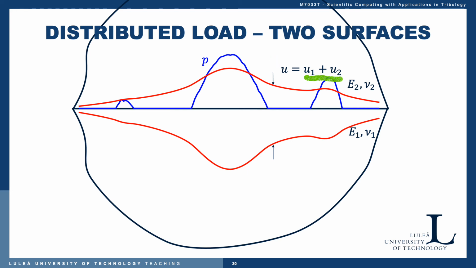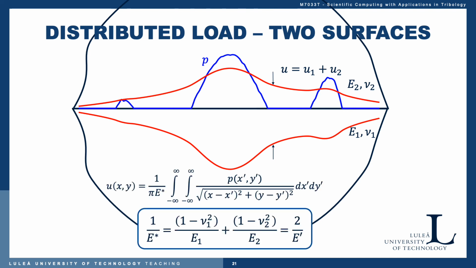Nothing strange with that. And because of linearity of the deformation relation to the pressure, we can write the total deformation in a very similar way as we did before for the deformation for each of the bodies.